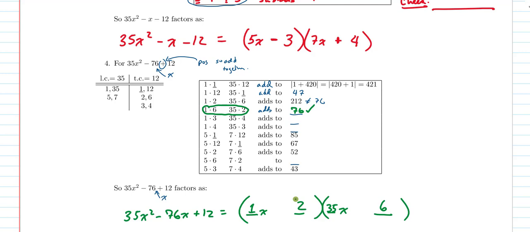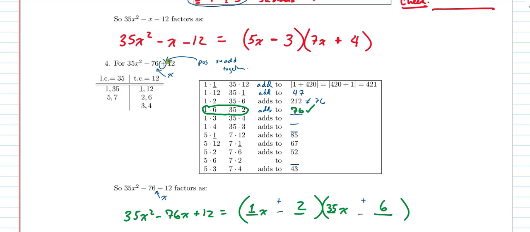The next thing is to decide the signs. Notice that since my trailing coefficient here was positive, we knew that these were, don't write this down, folks, either going to be both positive or both negative. Because if they're both positive, then when I multiply positive 2 times positive 6, I get the positive 12. Or if they're both negative, when I do minus 2 times minus 6, that also gives me positive 12.